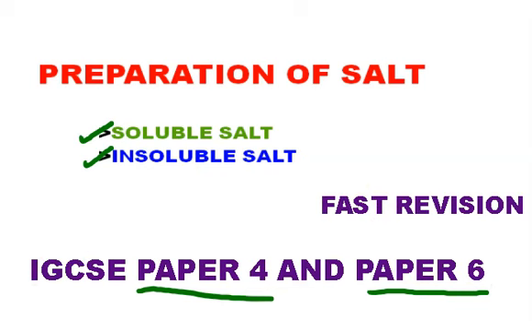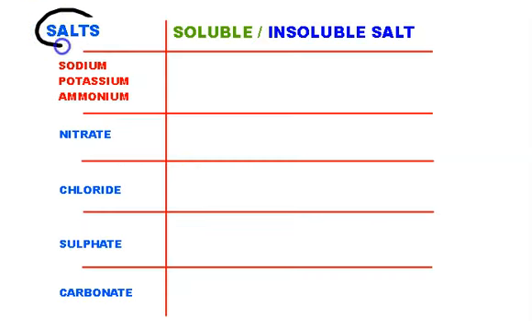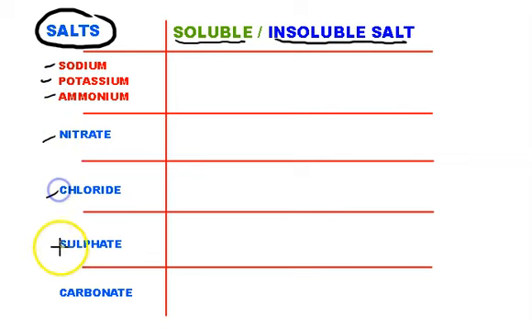Alright, now we do have salts, and here I'm going to list down which is soluble and which one is insoluble salt. So we have here sodium, potassium, ammonium, nitrate, chloride, sulfate, and also the carbonate ions.